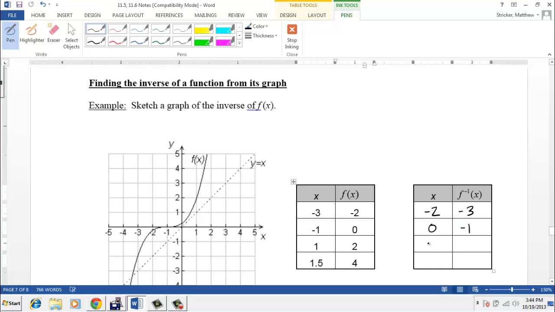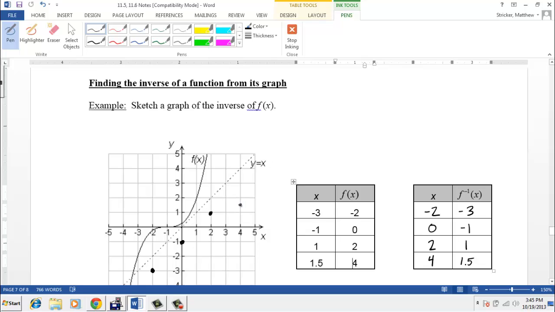It will also turn 2 back into 1, and 4 back into 1.5. So what we can do is then put those points on the graph. -2, -3 is right there. Then we have 0, -1. Then we have 2, 1. And we have 4, 1.5.